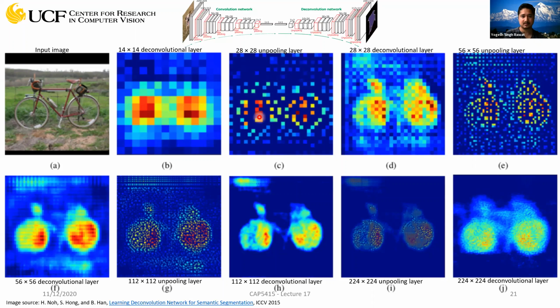So that's why these pixel values are scattered after this unpooling operation. And then again, the deconvolution operation. And here you can see that again, these values are scattered. As you move on, this is the original shape 224x224 after deconvolution. We can see that this is a very nice segmentation of this bicycle.